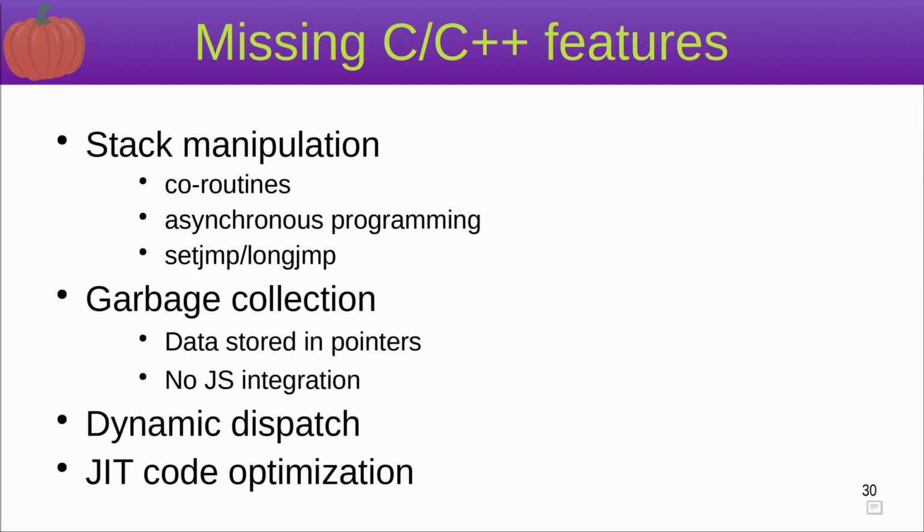But the issue is, all these languages have features that aren't in C++. And since WebAssembly was designed for C++, it's missing in WebAssembly as well. So to get the maximum performance out of these other languages, you need explicit support for these features. Especially for something like Java, the garbage collection is important. Dynamic dispatch, too.